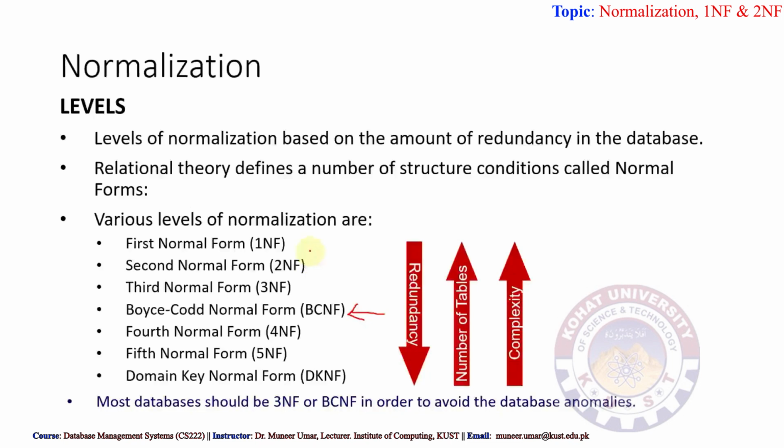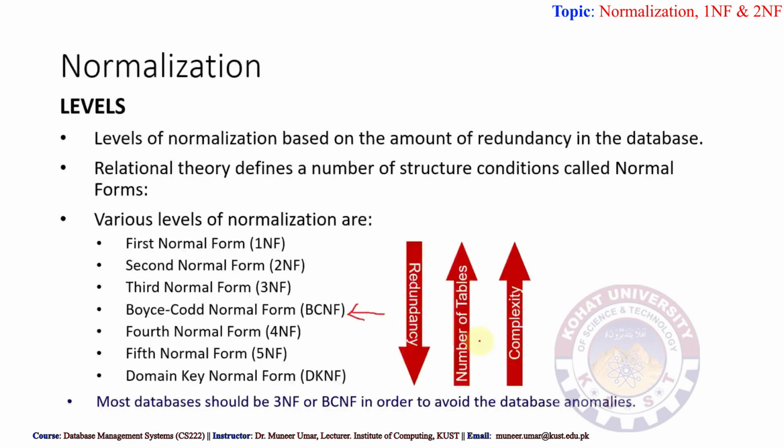In case of first normal form, it would be less, but as the levels increase, the number of tables will also increase. As we know that this is the process of decomposing tables, so in each level we will decompose a single table into multiple tables, so the number of tables would increase.